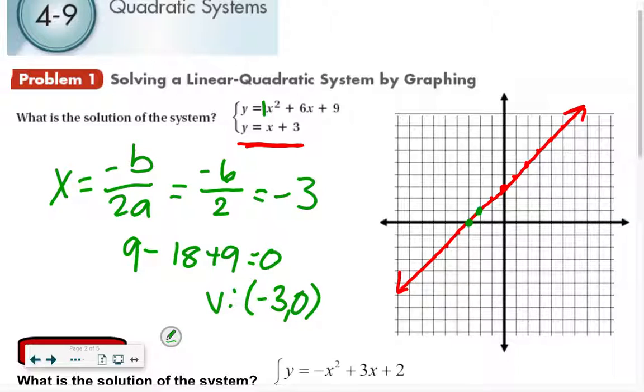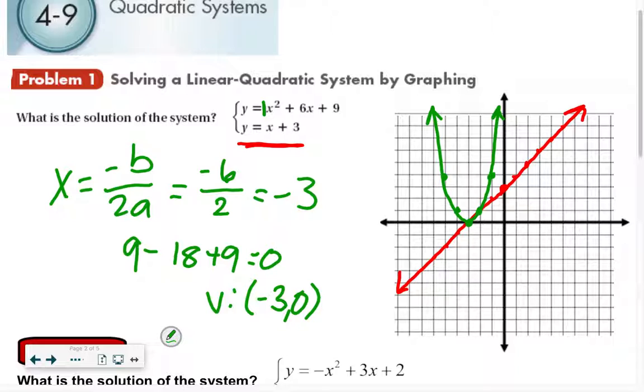Back from the vertex, we go right 2, up how many? 4. Yeah, 2 squared is 4. So right 2, up 4. And then mimic what you did on the right-hand side to the left hand. So left 1, up 1. Left 2, up 4. And draw our handy parabola.